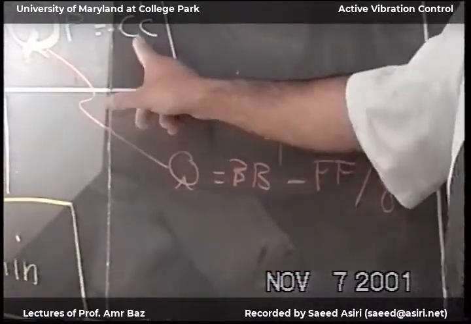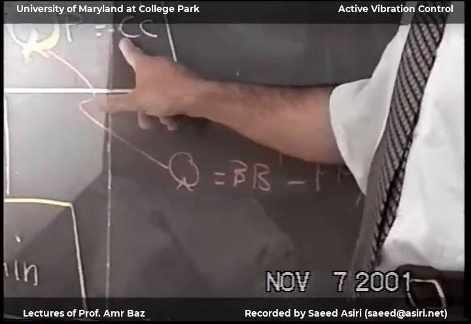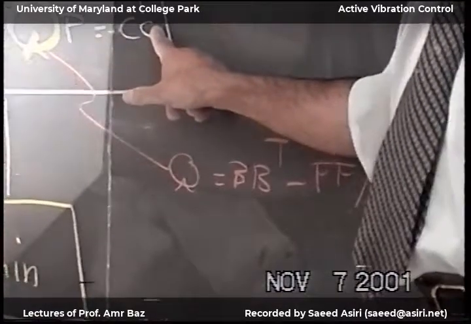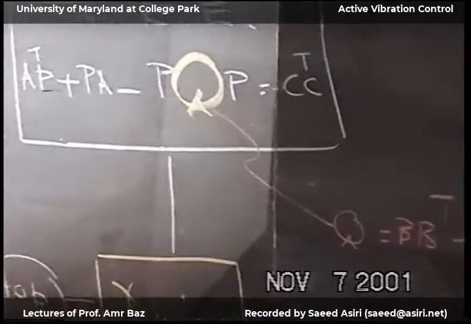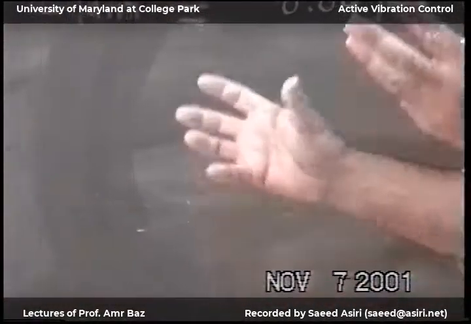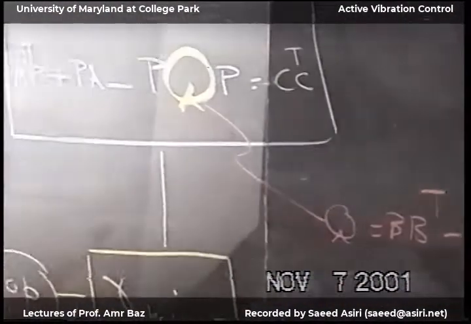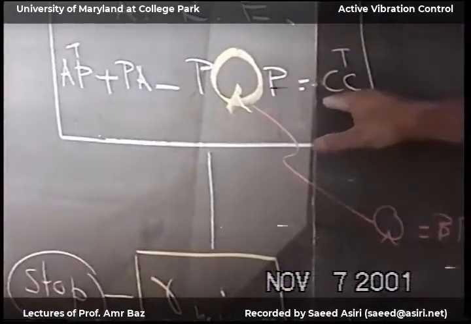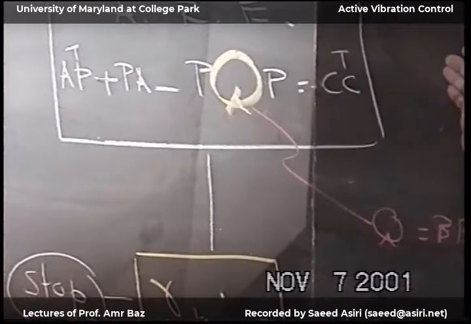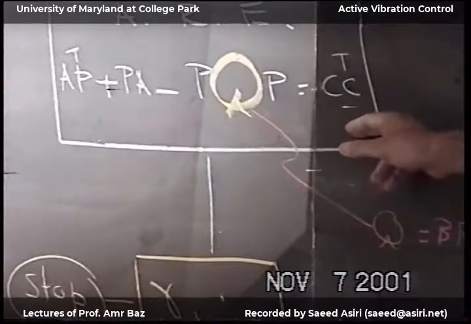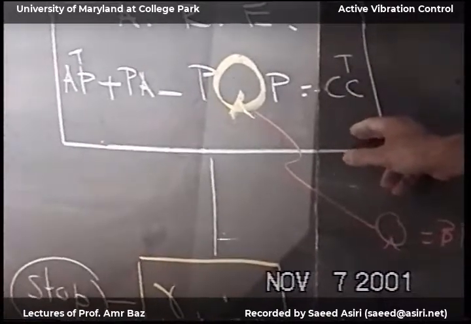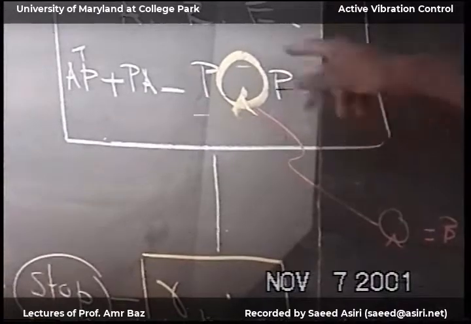And then on this side, I have minus C transpose C. Then I have to multiply C transpose C, so I can get exactly the same right-hand side for the algebraic Riccati equation for the LQR. So for the LQR, R has to be 1, and my Q has to be C transpose C.